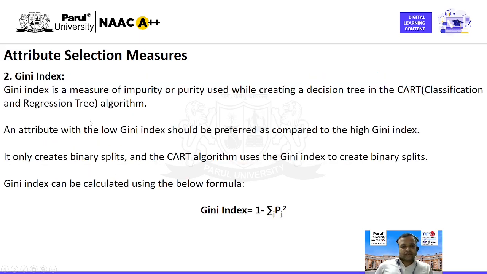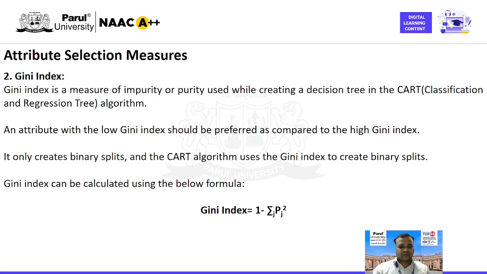So the second method is Gini index. Gini index is a measure of impurity or purity used while creating a decision tree in the CART algorithm. An attribute with a low Gini index should be preferred as compared to a high Gini index.